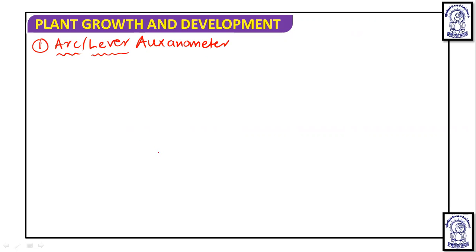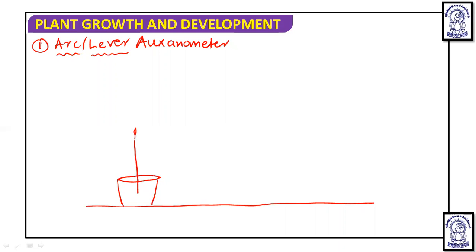So to understand that, suppose this is a platform and we are taking a potted plant, and we are tying one thread here and we are passing this thread over one pulley which is like this, and here we attach some weight.